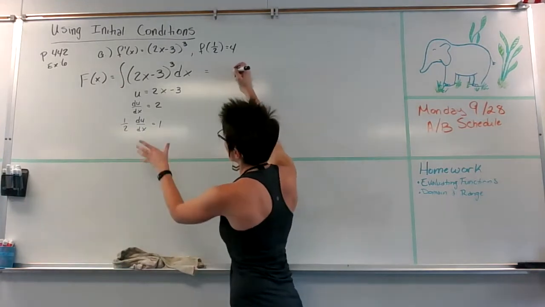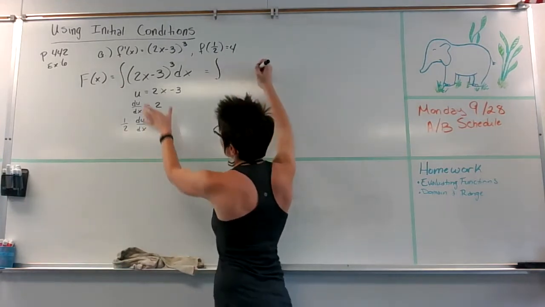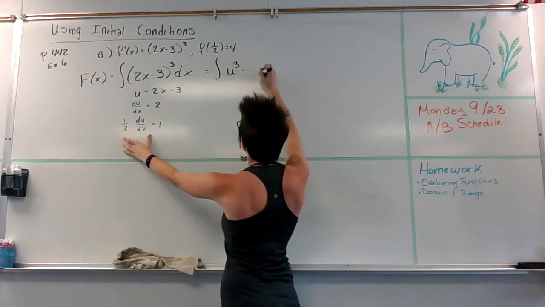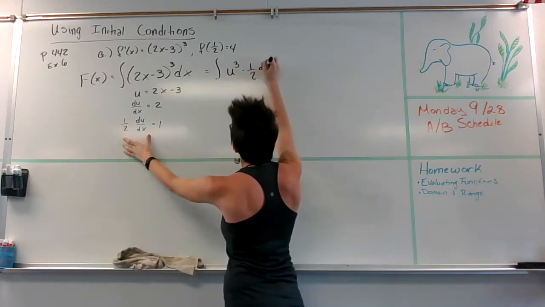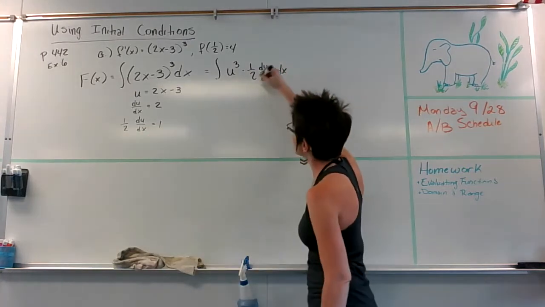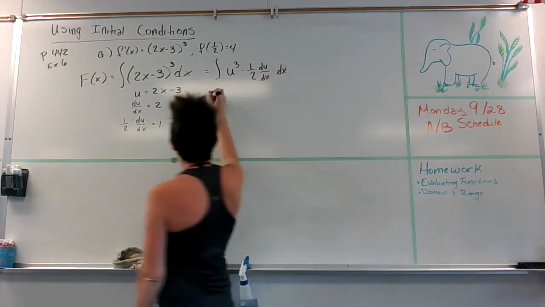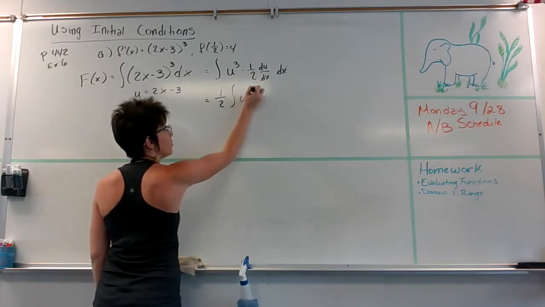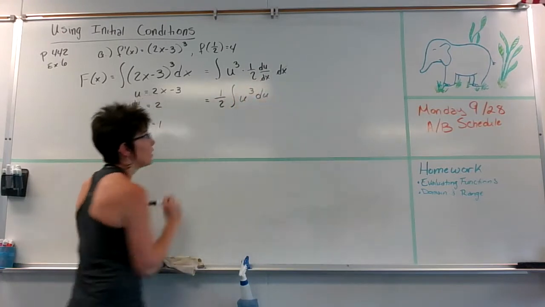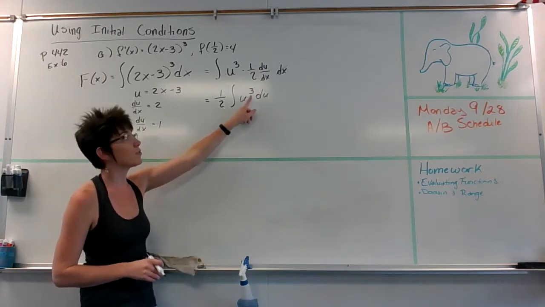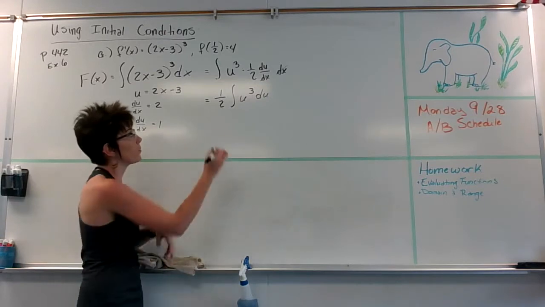That'll look something like u to the 3rd power times the 1/2 du/dx times dx. Those cancel, and I'm left with 1/2 u cubed du. An antiderivative at this point says increase the power by 1 and divide by the new power.